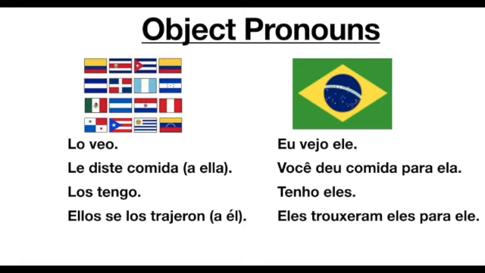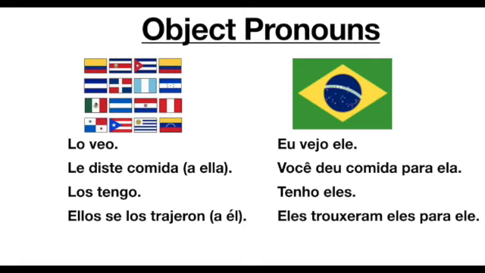Here we have some sentences in Spanish and Portuguese. For example, if you have I see him, it's lo veo. If you say I see him in Brazilian Portuguese, it's eu vejo ele. So a literal translation of Spanish is I see he. But from the word order, it's obvious that ele here is an object. And it's not high kind of formal speech in Brazilian Portuguese, but that is the way that the majority of people do talk.